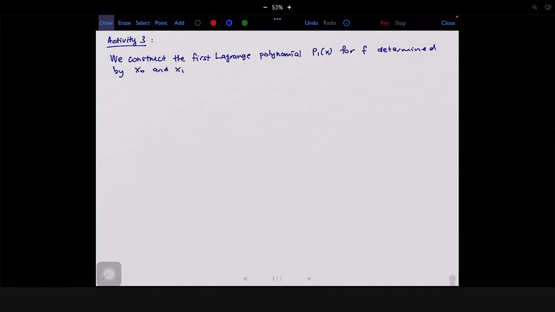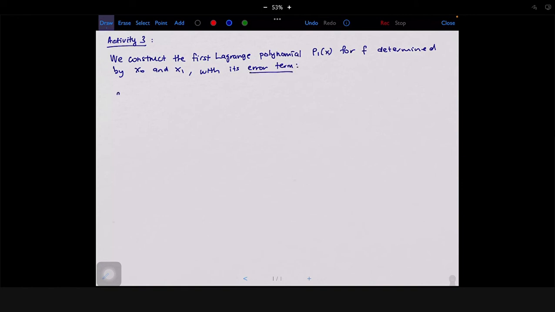It involves only 2 points, x0 and x1. So our L0 and L1 are quite simple. We write it with its error term.